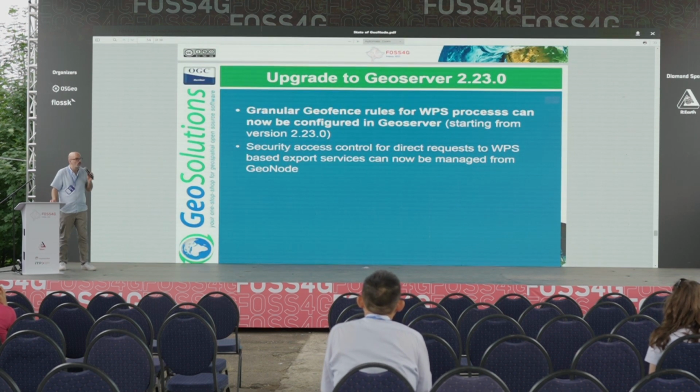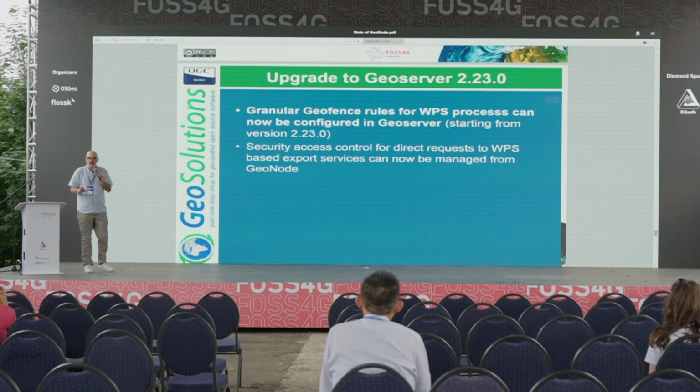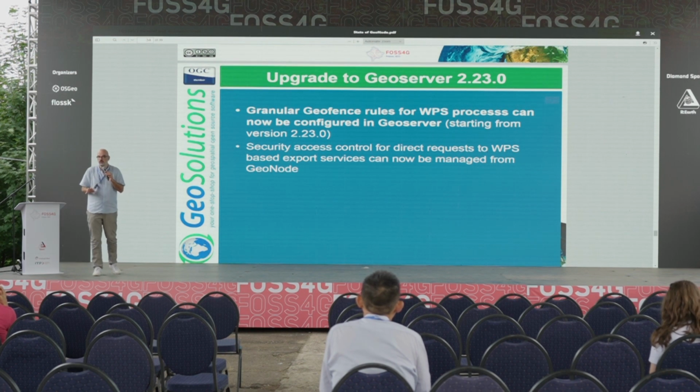And so we upgraded the reference version of GeoServer to GeoServer 2.23.0, and it works very well. We also made some fixes to the backup and restore system in GeoServer to make it more robust and integrated with GeoNode.